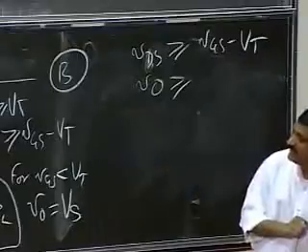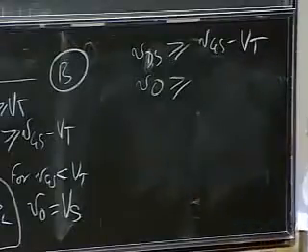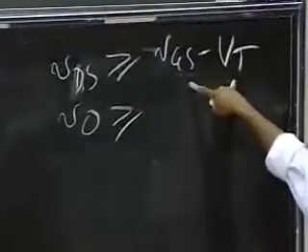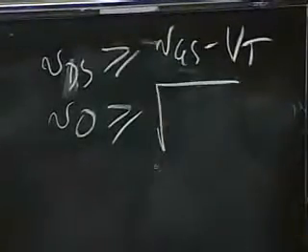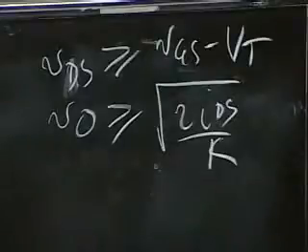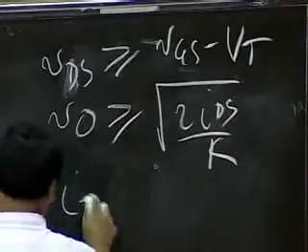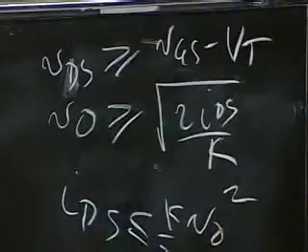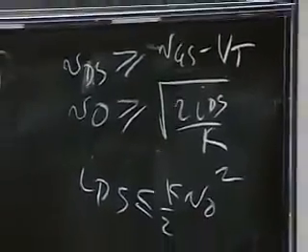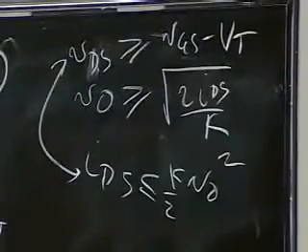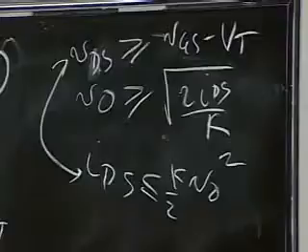IDS is K divided by 2 times (VI minus VT) whole squared, so VI minus VT is simply the square root of 2 IDS divided by K. In other words, this constraint expressed in terms of IDS is simply IDS less than or equal to K by 2 V naught squared.